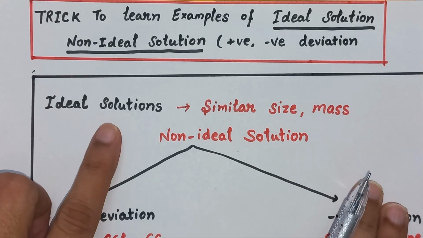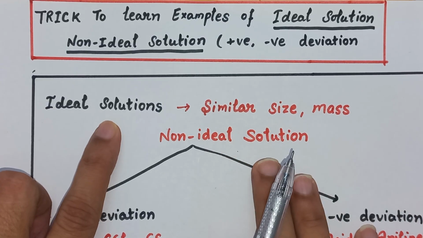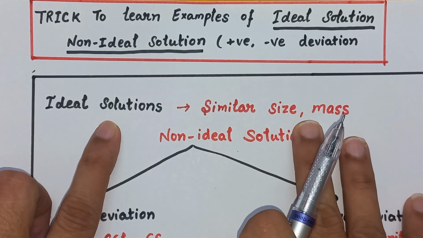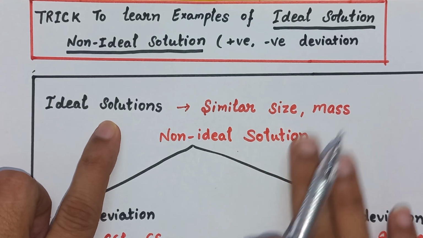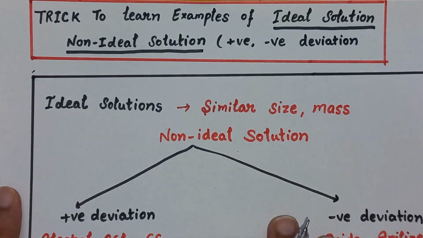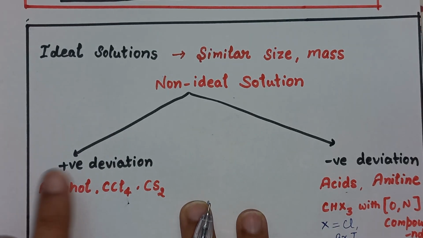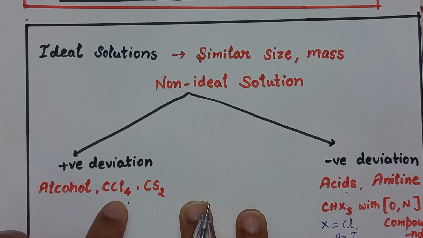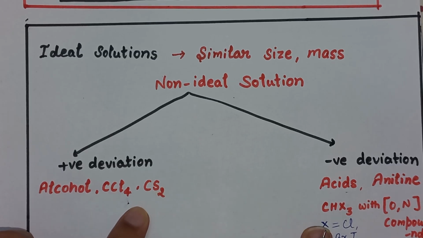In the case of an ideal solution, the two components that we mix to form the solution must have similar size and similar mass. There is very little difference in their size or mass. In the case of a non-ideal solution that shows positive deviation, one of the components may be alcohol, carbon tetrachloride, or carbon disulfide.